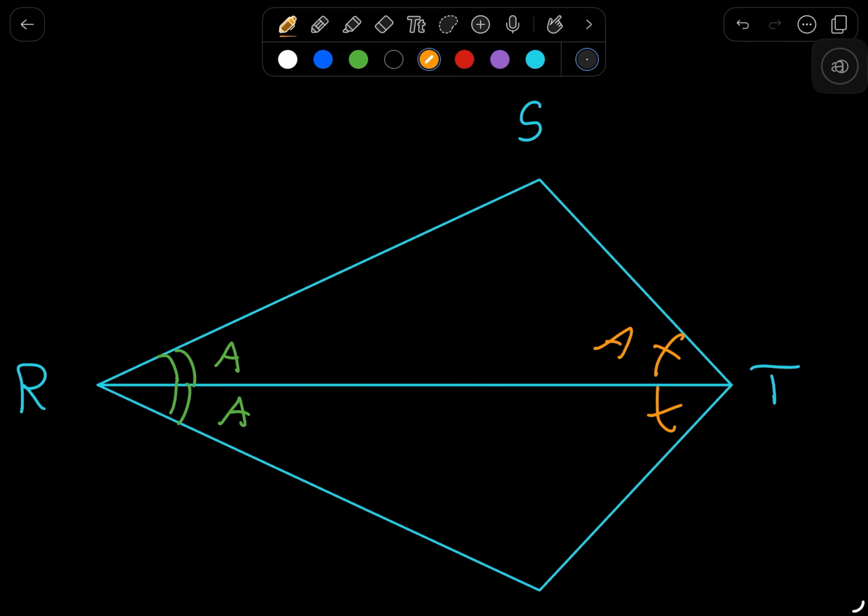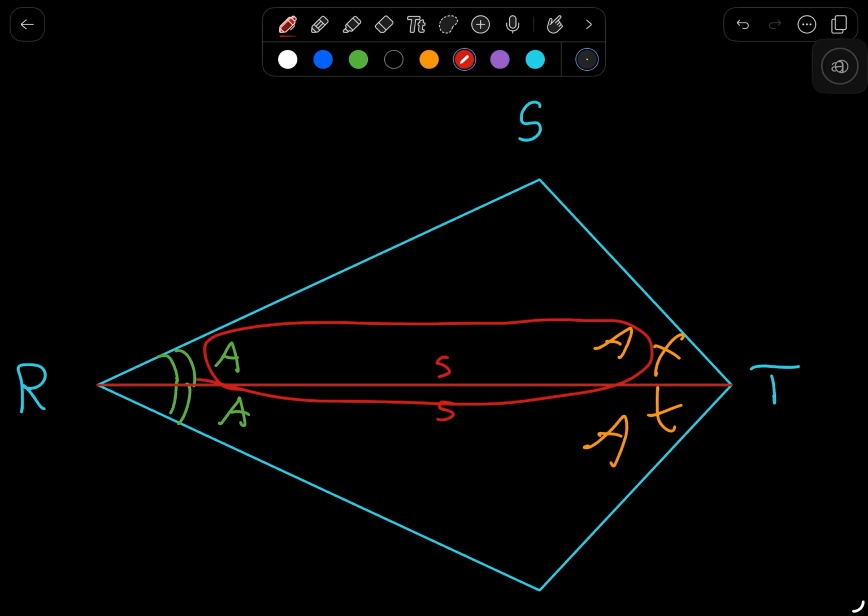You have another pair of angles that are congruent. So you can actually use angle side angle here because you'll notice that this side is actually included. It's between these two angles. So you can use ASA, angle side angle, for this specific problem.